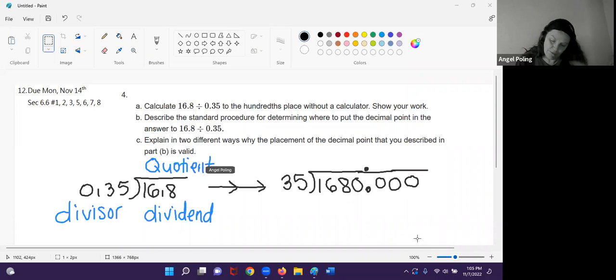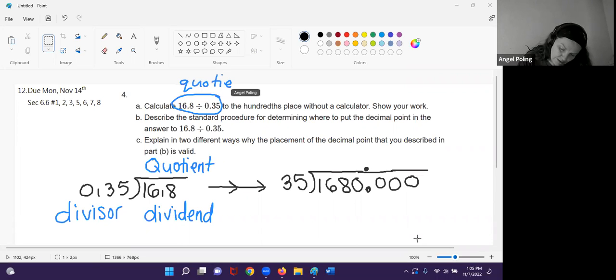Each of those values alone is the divisor and the dividend. But when you see them together with that symbol, you're looking at the quotient. They'll just call that expression the quotient because it represents whatever the answer represents, and the answer is the quotient.